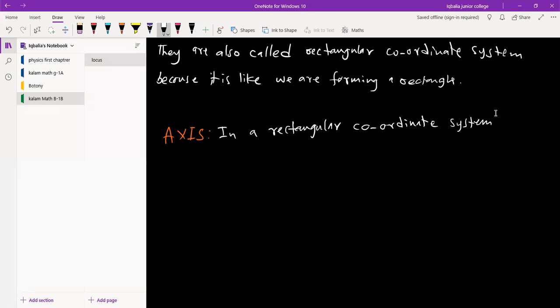In a rectangular coordinate system, the reference lines are nothing but the x-axis and y-axis.